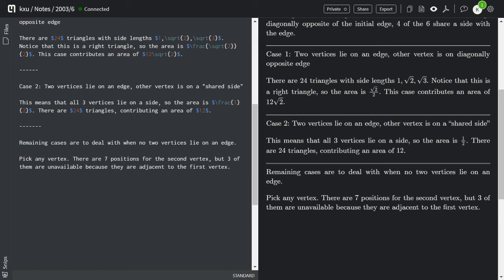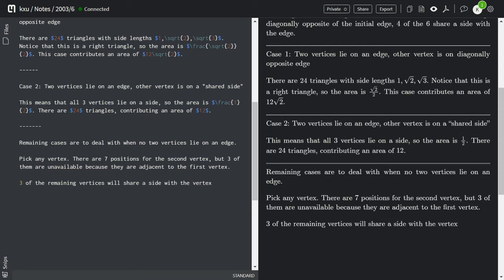And what are these 4 possible locations? Once again, please draw a diagram for this question. Basically, if we pick any vertex and then scratch out the vertices that are directly adjacent, then 3 of the remaining vertices will share a side with the vertex.